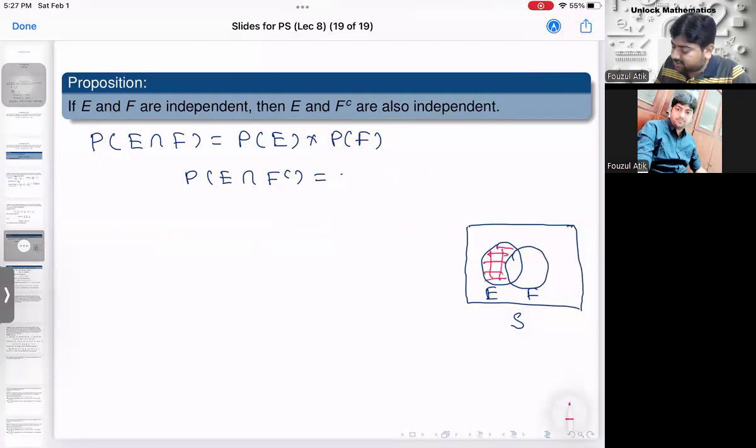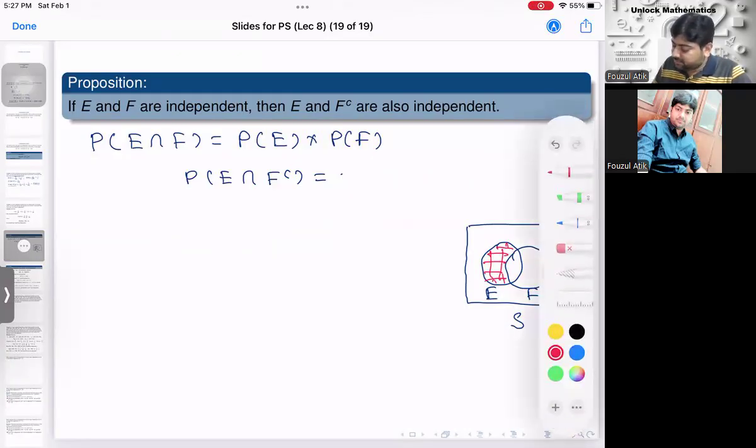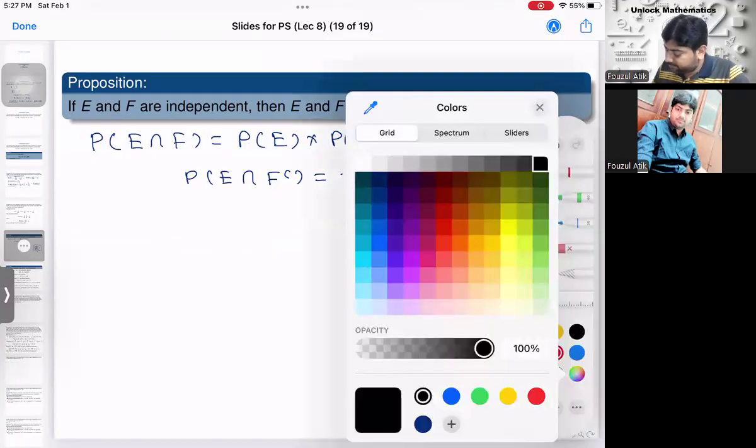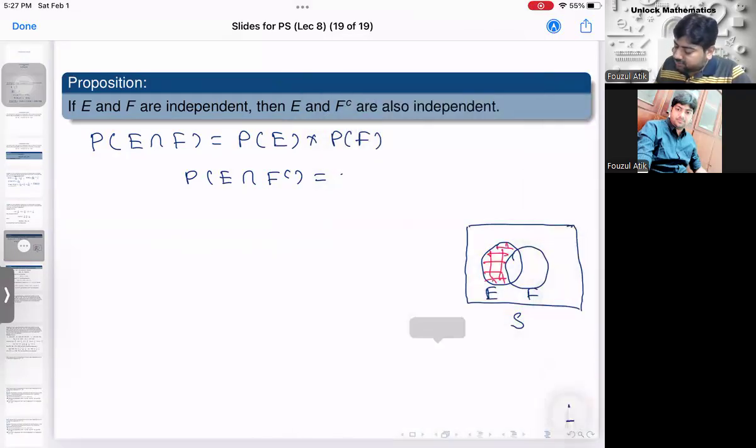So P of E intersection F complement is basically P of E minus P of this intersection part, so P of E minus P of E intersection F.